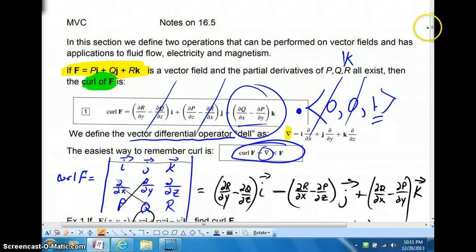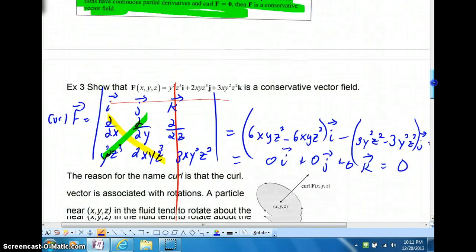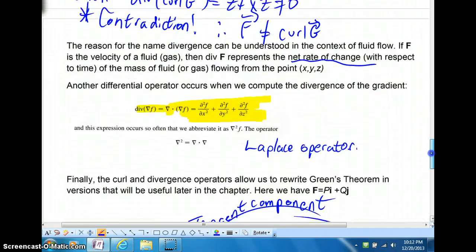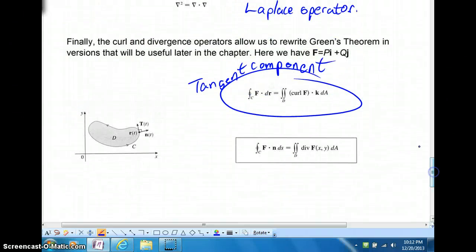Well, my goodness, what we saw in that last section, if you really think about it, was this double integral where we had the partial derivative of Q with respect to x minus the partial derivative of P with respect to y.